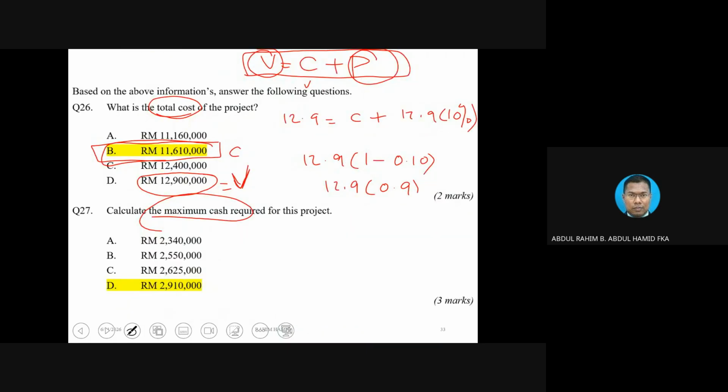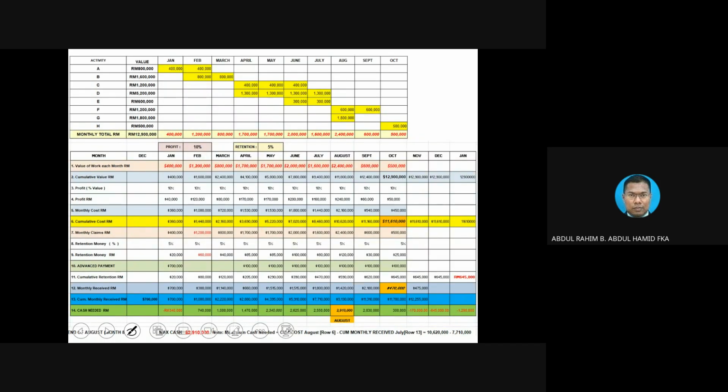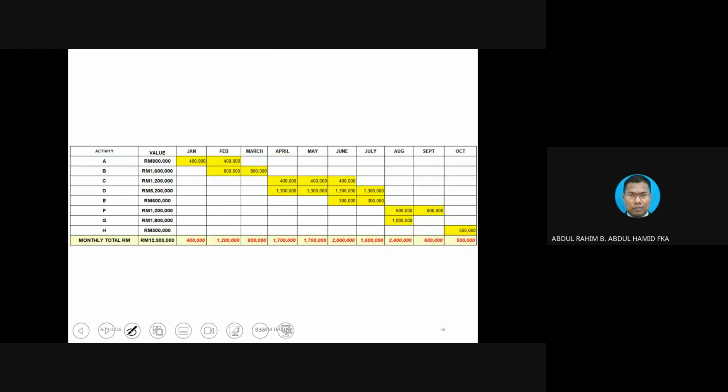Okay, now let's say, assuming that you already know how to construct the bar chart, and the bar chart looks like this. Okay, now let's take a look at this bar chart. And this is the value given from the diagram, from the question. So next step that we need to do, I put it here, monthly value.